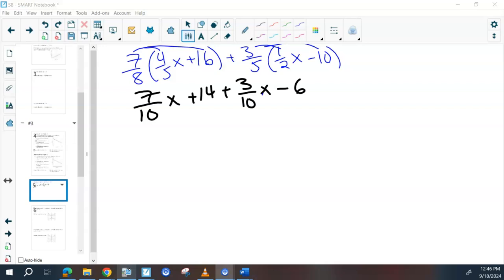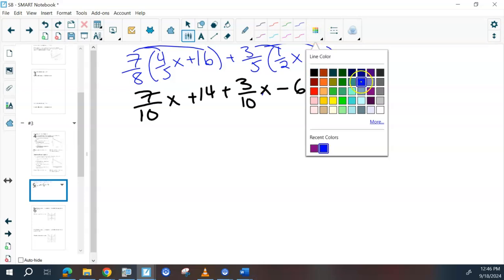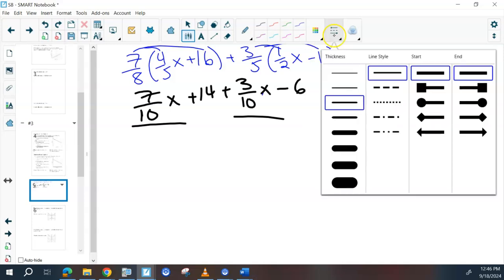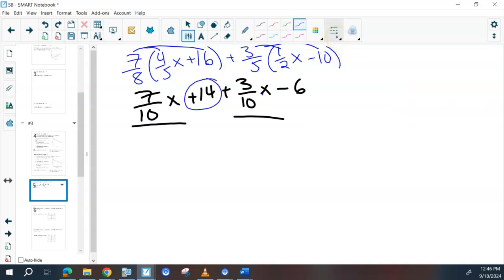And then we could combine our like terms. We have 2 sets of like terms: the x terms or the constants. So you would just do exactly as it says, add these two. Since the denominators are the same, you would just add 7 and 3 to get 10.